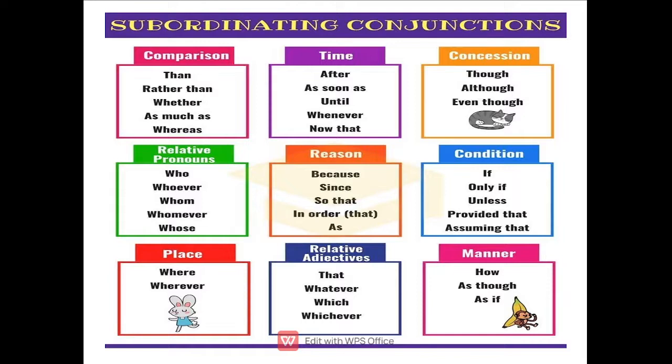Reasoning: because, since, so that, in order that, as. When you have a condition, we use if, only if, unless, provided that, assuming that. Talking about place: where, wherever. Then there are relative adjectives: that, whatever, which, whichever, and for manner: how, as though, as if.